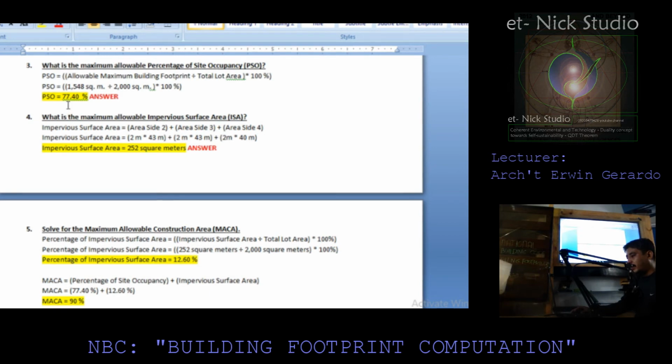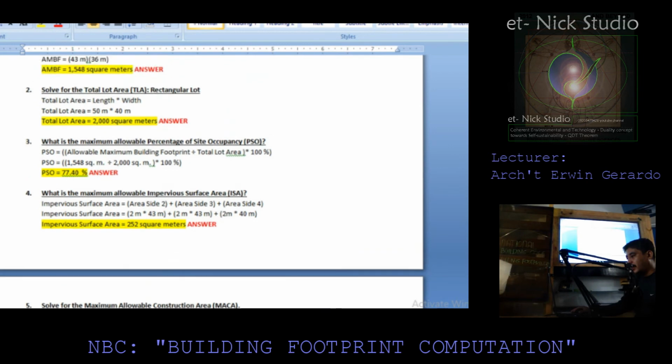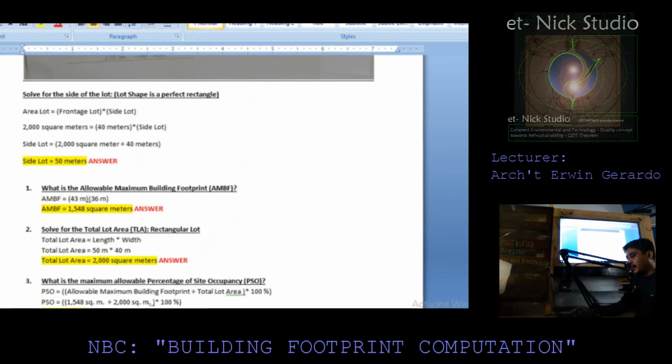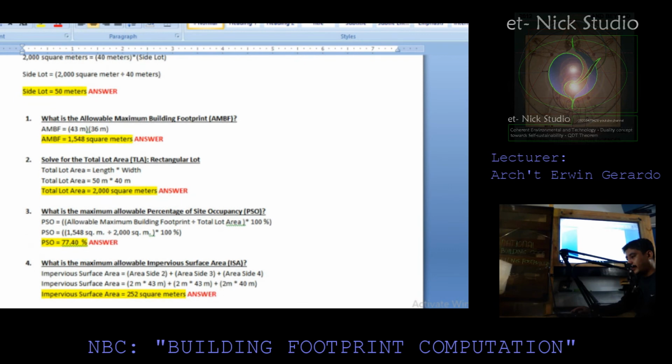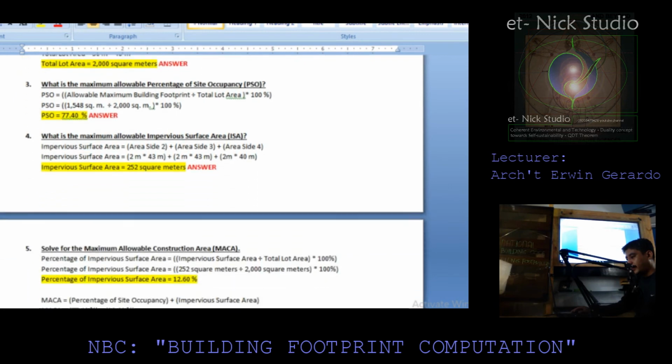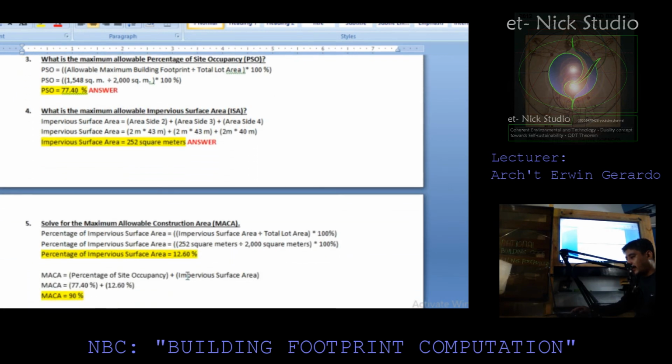This is the figure, 77.4%. Now let us add the impervious surface area, which is actually 12.6%. So 12.6% is actually taken from this figure. So therefore, if we're going to add the percentage of site occupancy plus the impervious surface area, we have 90%.